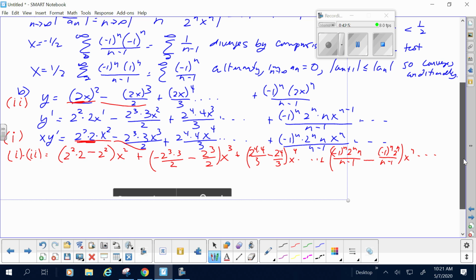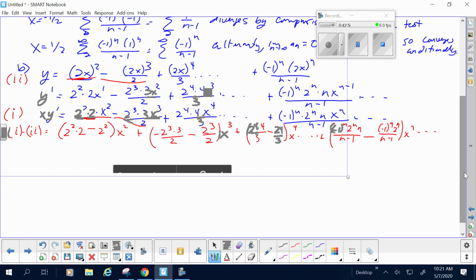Let's see what we got there. All right. So let's do some cleanup because this is a mess. So if I look at this, this is 8 minus 4, so that's 4x squared. Now, starting to, let's see something here. So this is plus, what do we got there? So that's negative 24 halves and negative 8 halves.